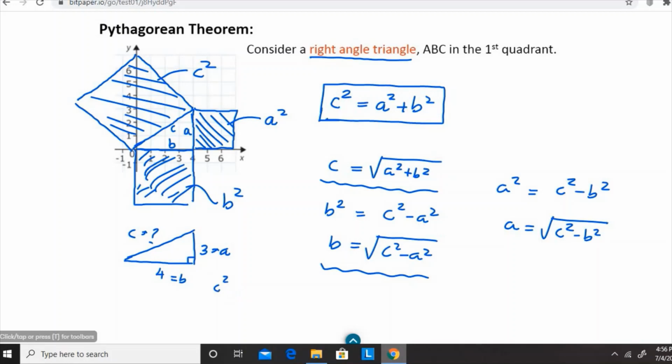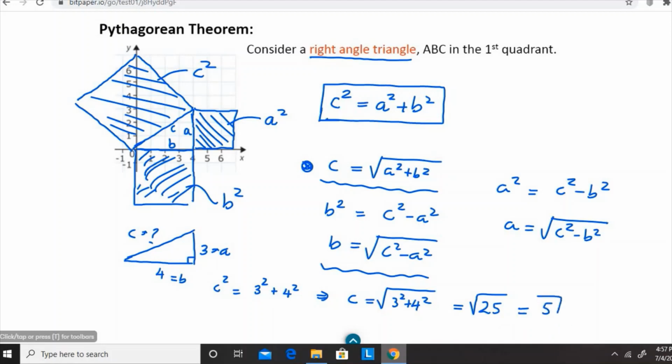So C squared is equal to A squared, which is 3 squared, plus B squared, which is 4 squared. And then I can use this to find C, that is the square root of this entire thing, 3 squared plus 4 squared, which is the square root of 25, and the answer is 5.